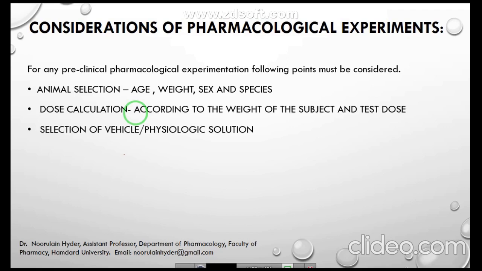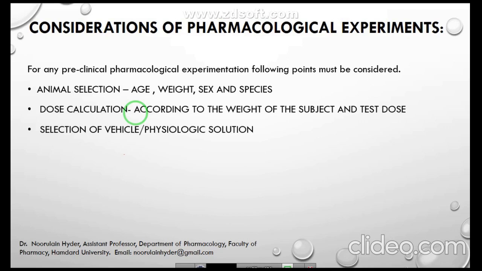The selection of the appropriate vehicle is important according to the solubility nature of test drug. If the test drug is not soluble, then there is no reason to conduct the study further. It also depends on the route of administration as well.